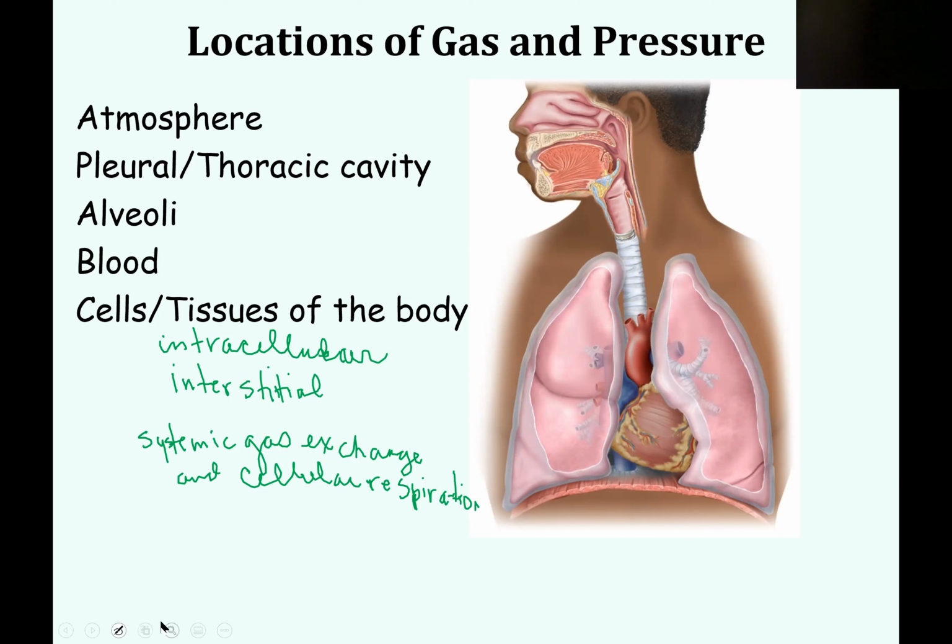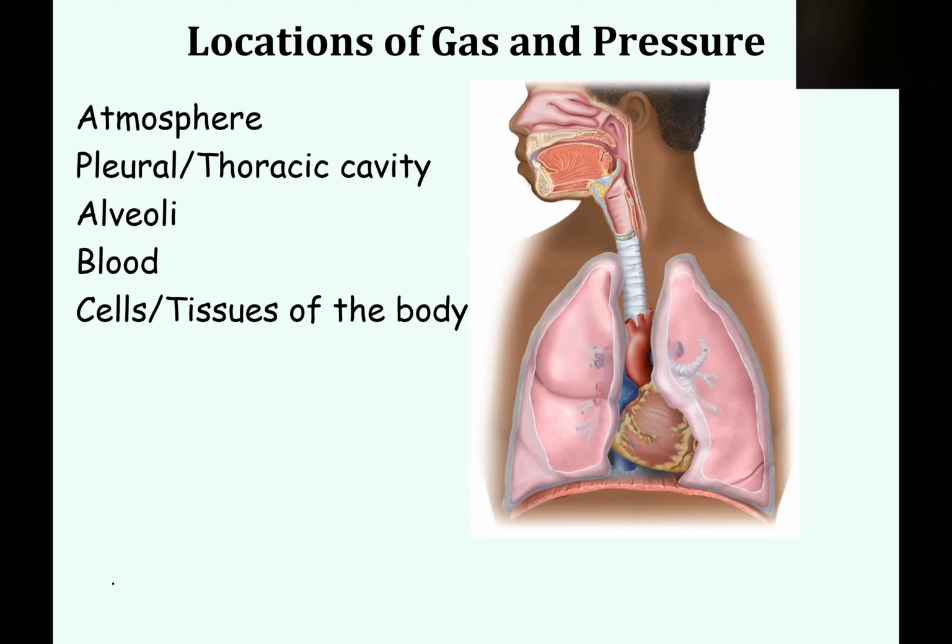So if we look at the big picture, there are gas exchanges between the atmosphere and the alveoli. That's one kind of gas exchange.